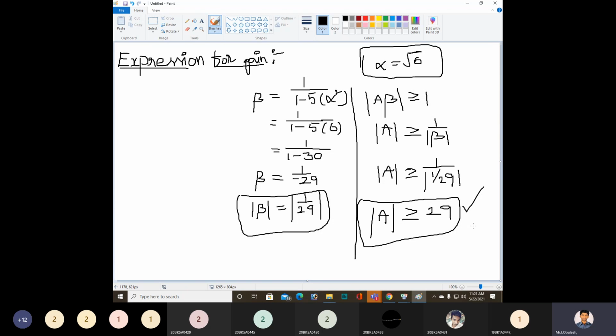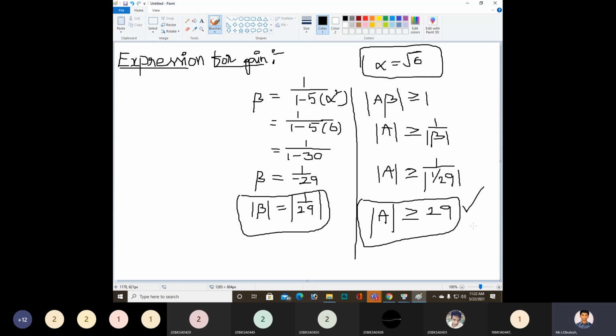So the gain value must be equal to 29 or greater for the amplifier, which can be adjusted using the resistors RF and R1 that we have in the amplifier circuit.